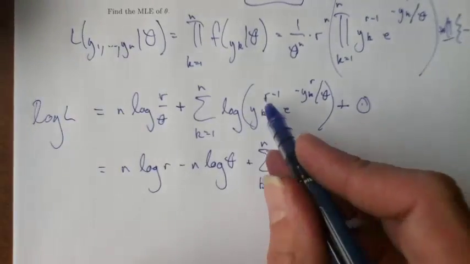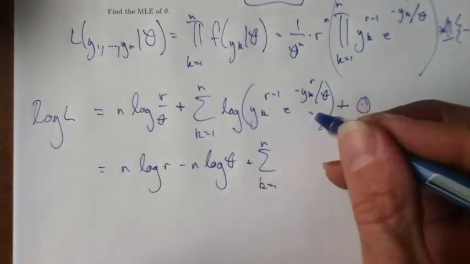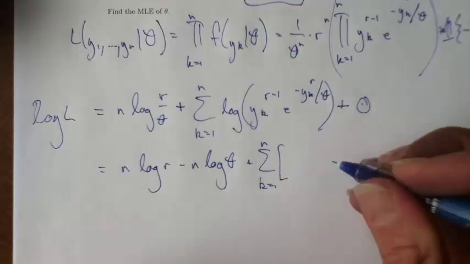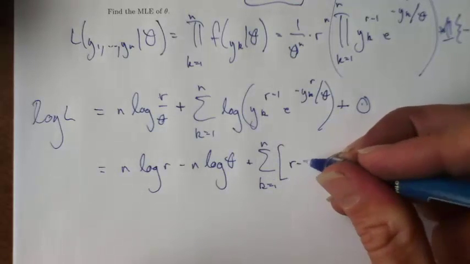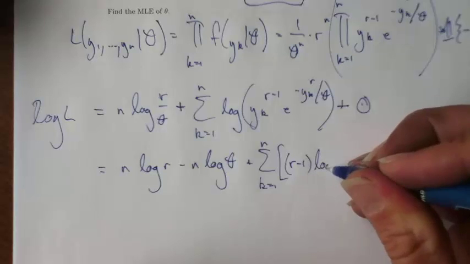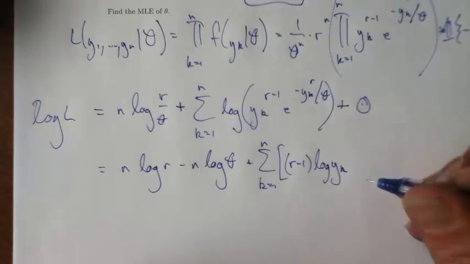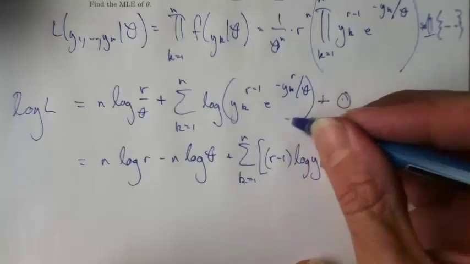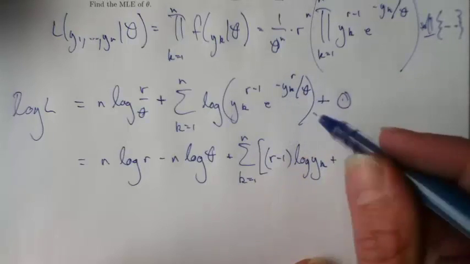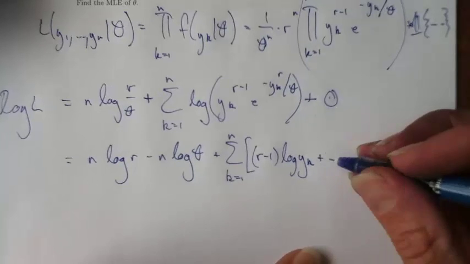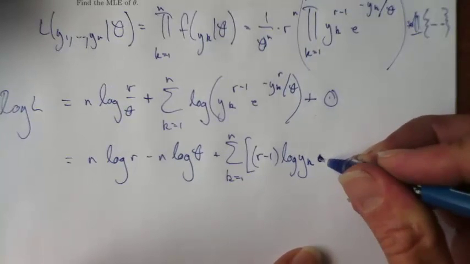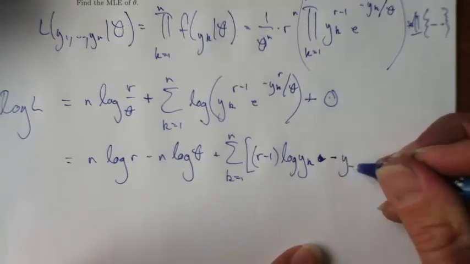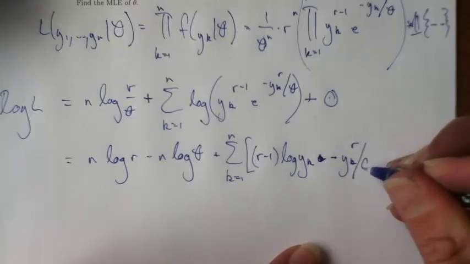I have the log of the product is the sum of the logs, right? So I have r minus 1 times the log of y sub k, and then plus the log of e raised to all this stuff. This is just the exponent, so it's actually going to be negative y sub k to the r over theta.